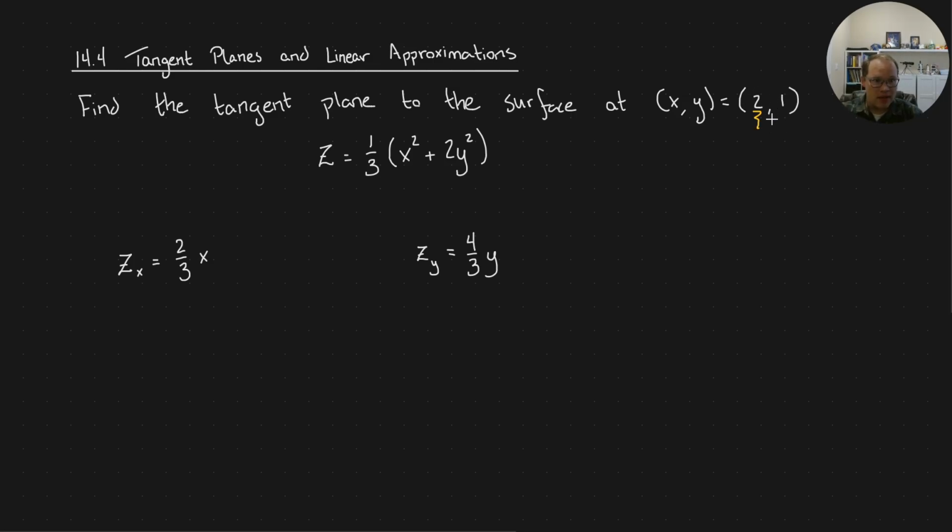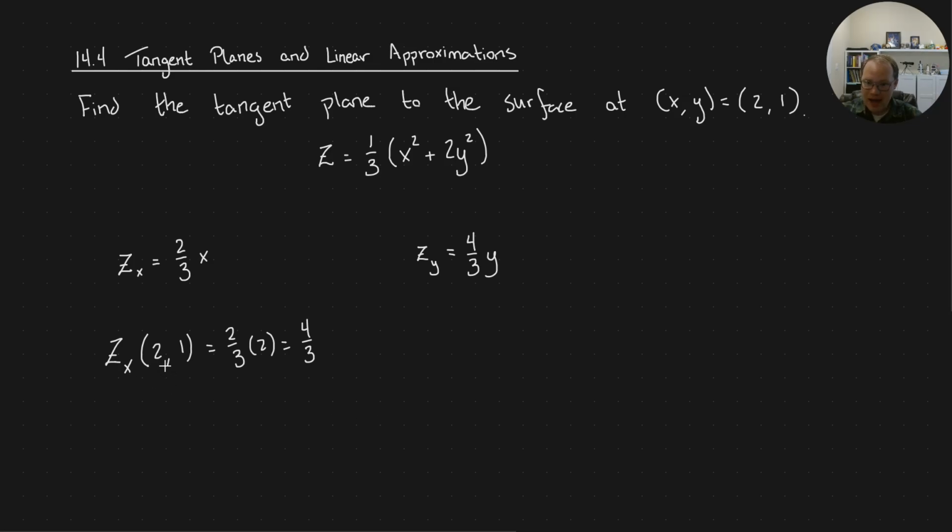So if I plug this x and y into my partial derivatives, I will find information that tells me the tangent behavior to the traces, to the surface. So let's plug in the x and y values. In this case, there's only an x to plug into, right?